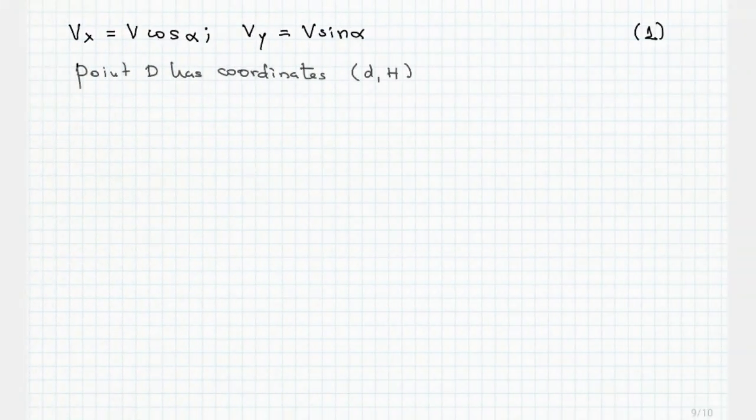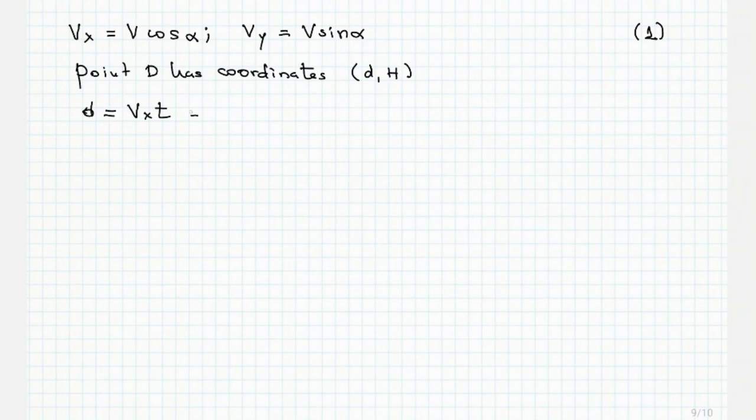Because the horizontal component of the velocity is constant, as we know for a parabolic motion, at any instant of time, we will have that the distance d is equal to the velocity along the x direction multiplying the time.